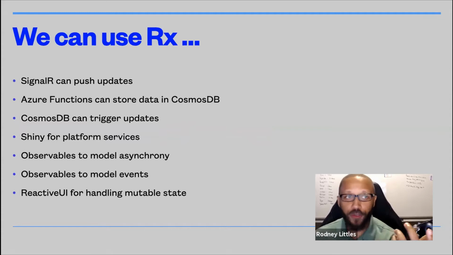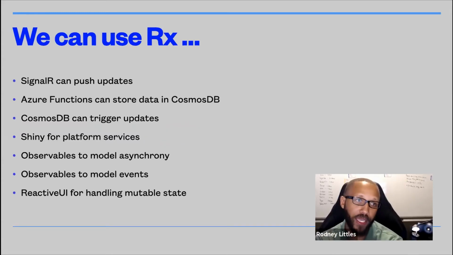So we can use Rx, right? SignalR can push updates to a mobile application. We can use Azure Functions to store data in Cosmos DB. Cosmos DB has an eventing concept where it can push events through SignalR and SignalR services and project changes from the database out to broadcast consumers.